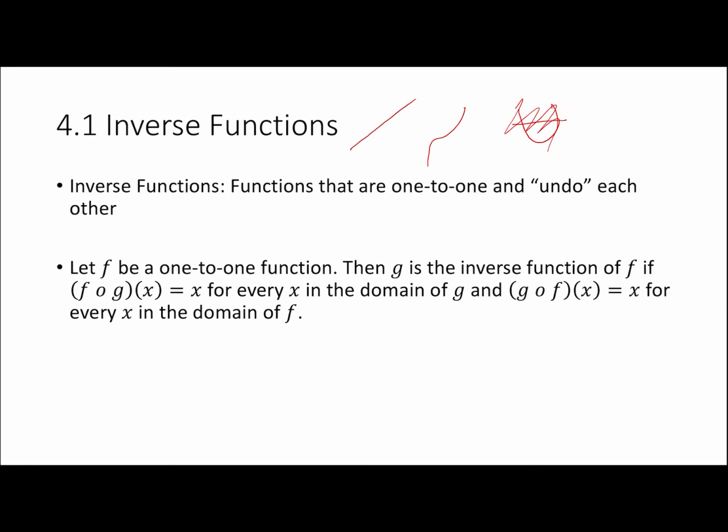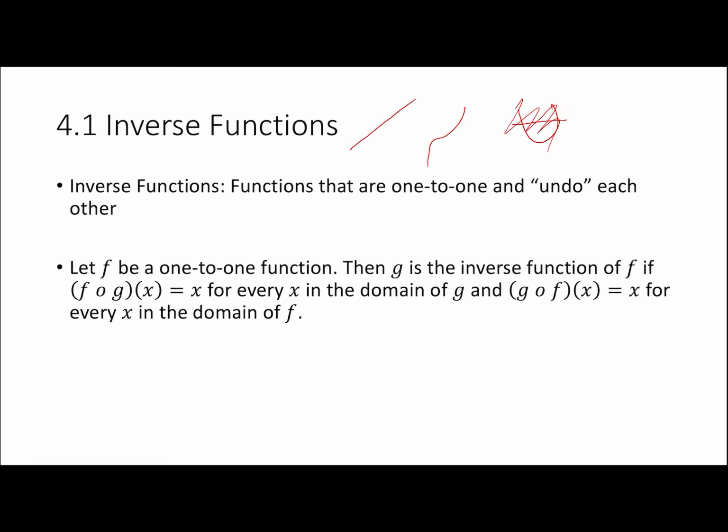So where one multiplies, the other one's going to divide, or where one adds, the other one's going to subtract, and that kind of stuff. And so we're going to talk about how to know if functions are inverses of each other, and then how to find the inverse pretty easily.